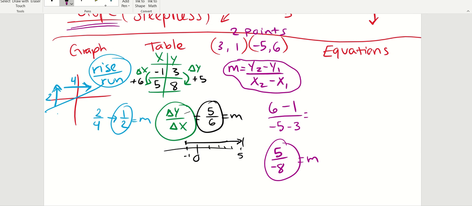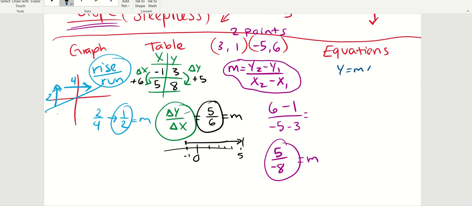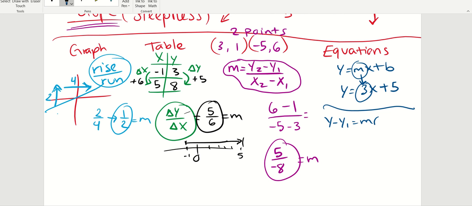All right, for equations, you have to ask yourself, first of all, what form is it? If it's in y equals mx plus b, for example, y equals 3x plus 5, the m right here, that's your slope. Okay, if you have the point slope form, and it looks really complicated because it's really long, that doesn't matter.